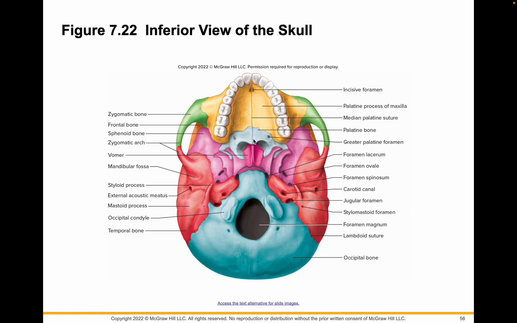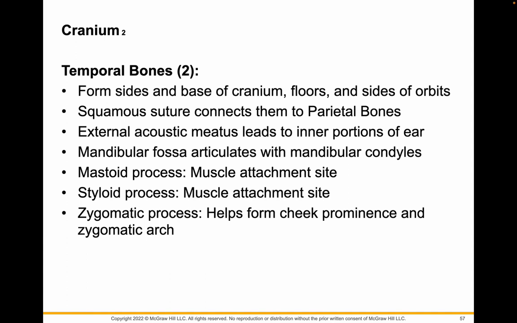You actually can feel it on the roof of your mouth. So most of the roof of your mouth is going to be maxilla, and then you go further back and it's palatine. And then you go so far back, you're not in hard palate, you're in soft palate. But you see all these like jugular foramen and carotid canal, those are for arteries and veins to go into the brain.